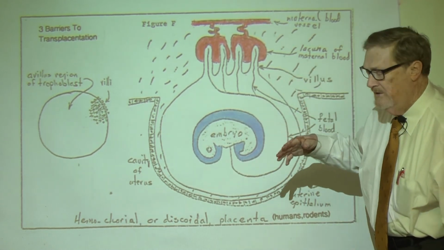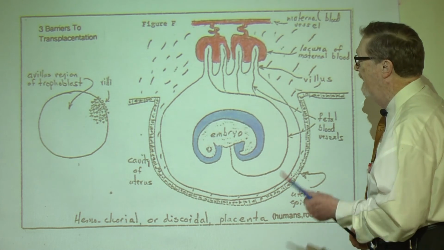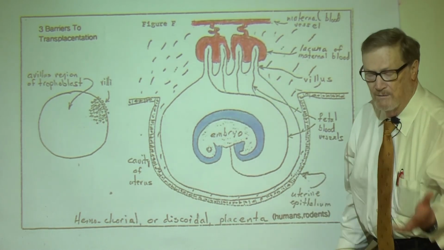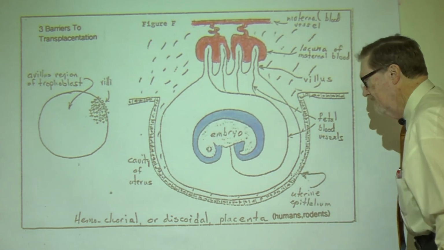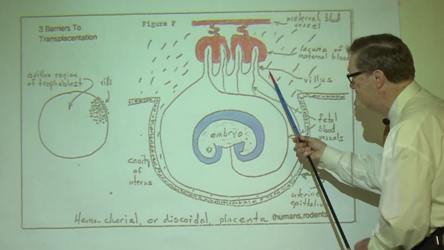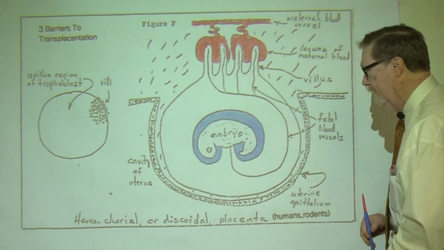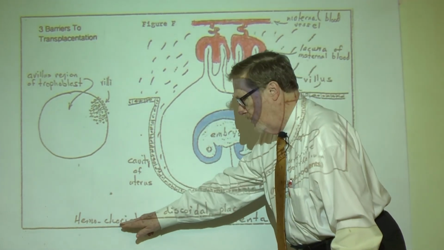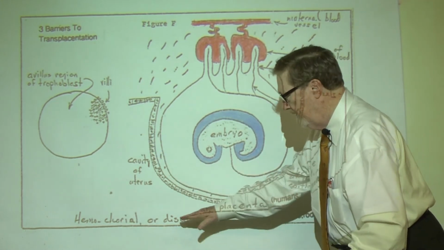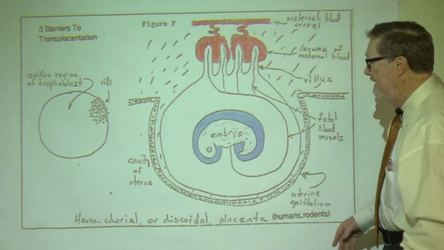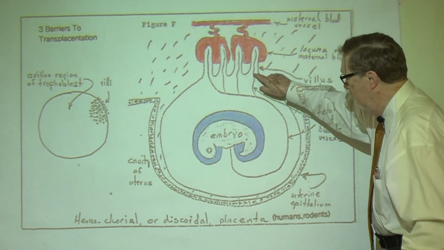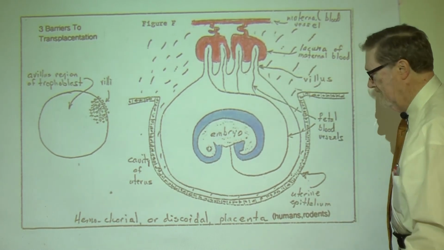Those are no longer barriers. They're just not there. Now, the prefix for blood is hemo, H-E-M-O dash. And the outer layer here is the chorionic ectoderm, so chorial. This is a hemochorial or a discoidal type of placenta with only how many barriers? They're all embryonic. 1, 2, 3 barriers.